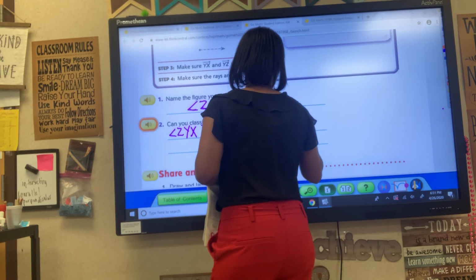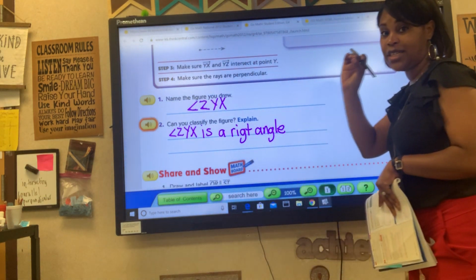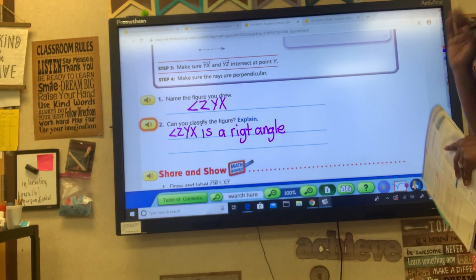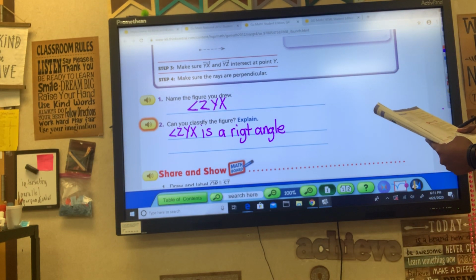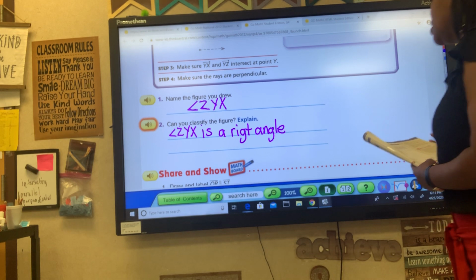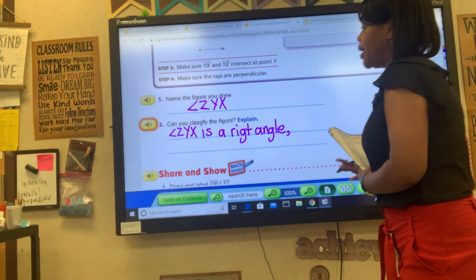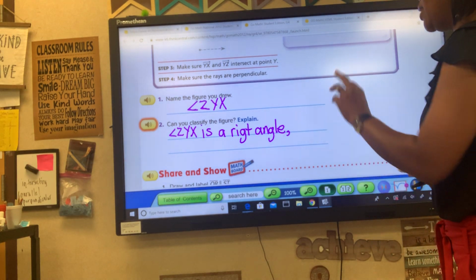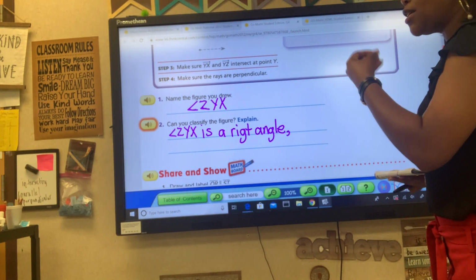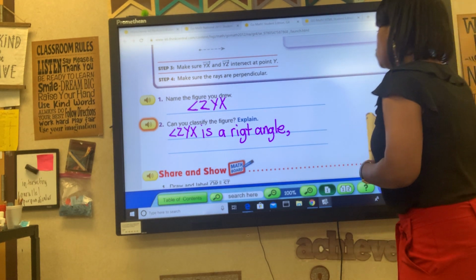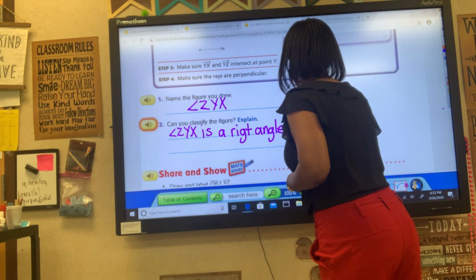You know that you drew a right angle because you checked it and you were able to draw a square in the corner. And to add to this, how do you know it's a right angle? How do you know those two rays formed a right angle? Well, since you asked me, I'm going to tell you.